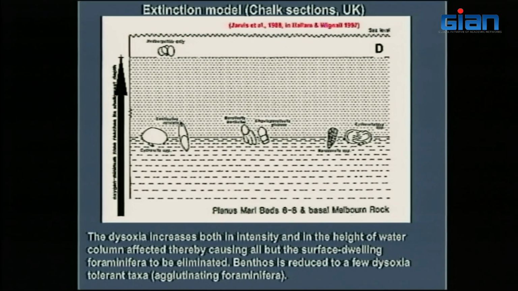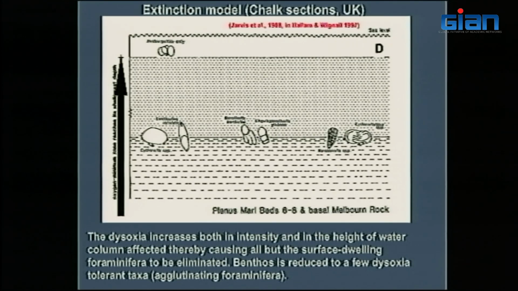Almost all the foraminifera disappear, apart from the very surface-dwelling foraminifera, which is well known to survive in this kind of environment. These are Heterohelix. Heterohelix is surviving, and you can see also that the benthos is reduced to a few disoxic-tolerant species. Before, you had hyaline foraminifera, meaning that in order to build the shell, they precipitate calcite, okay?